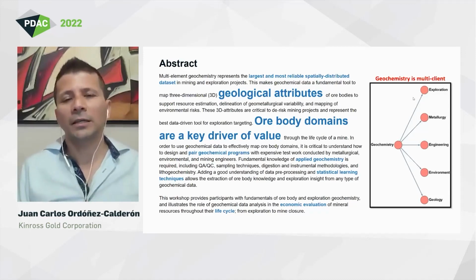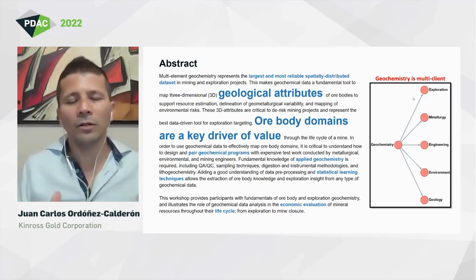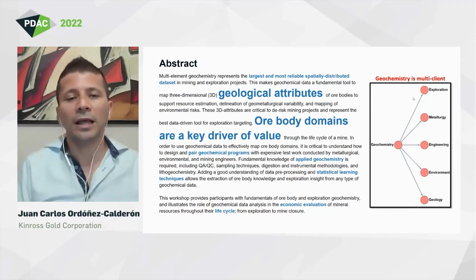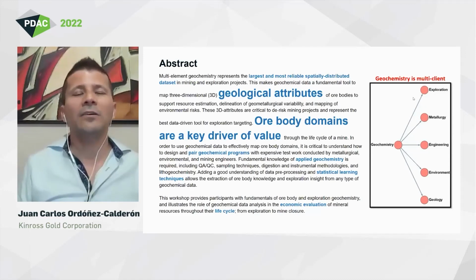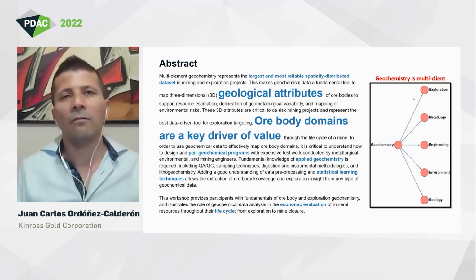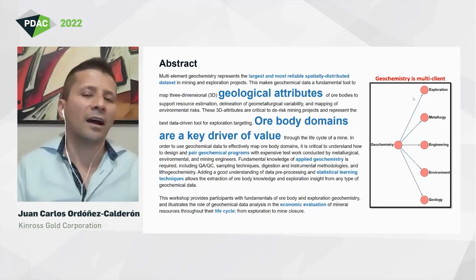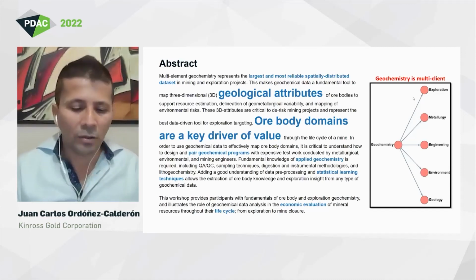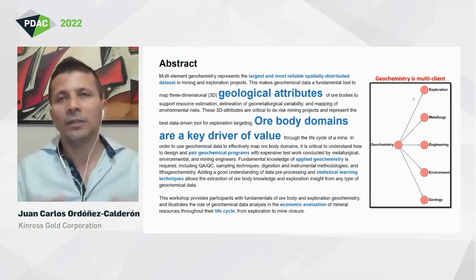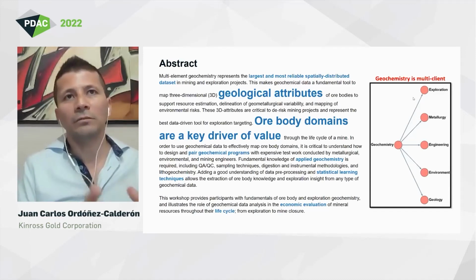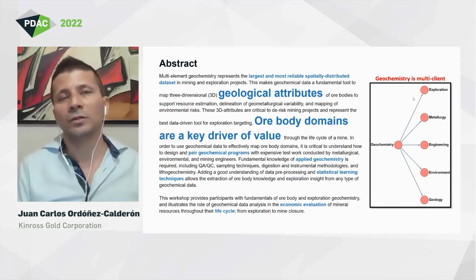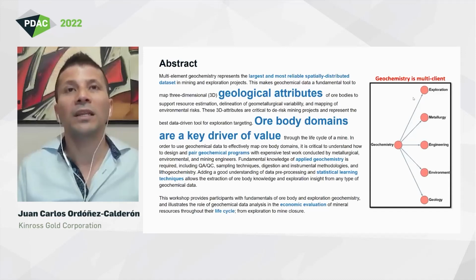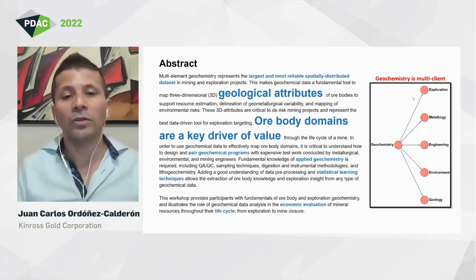We can use these baseline geochemical models, geochemical data to actually model geological attributes. At the end of the day, many of the operational attributes that are value drivers are geological attributes. And one of the reasons we didn't call this workshop geochemistry of mineral deposits is because every ore body is a mineral deposit, but not every mineral deposit is an ore body.